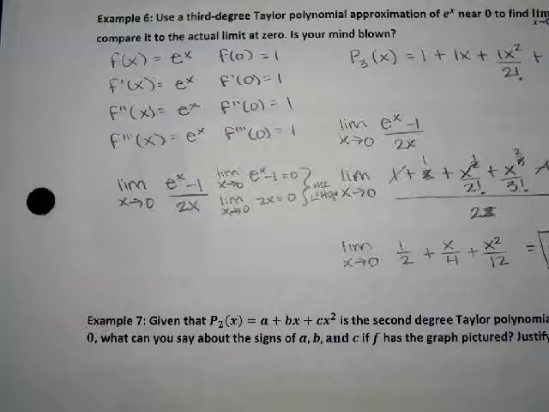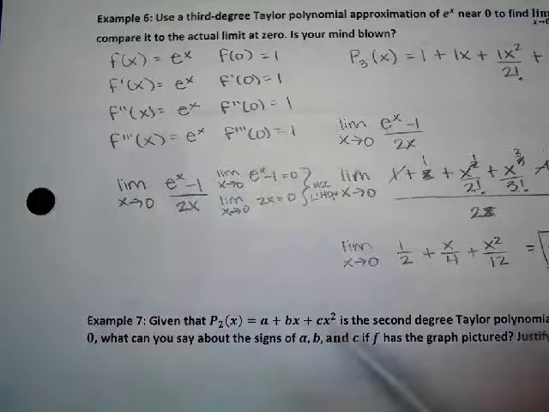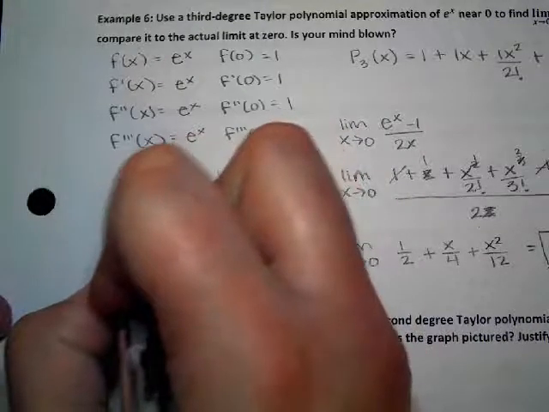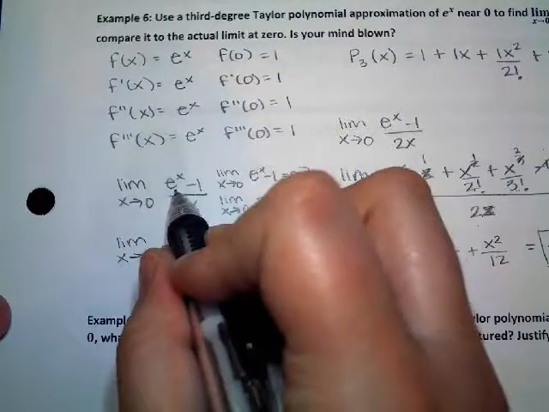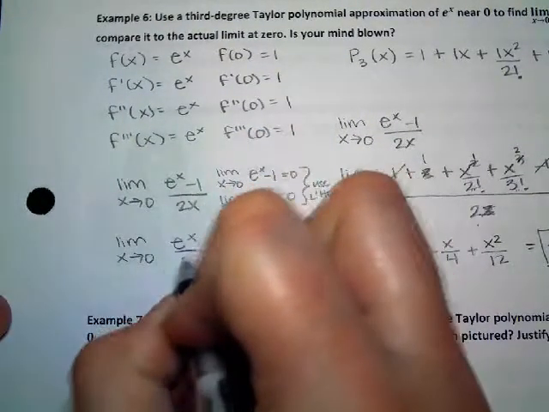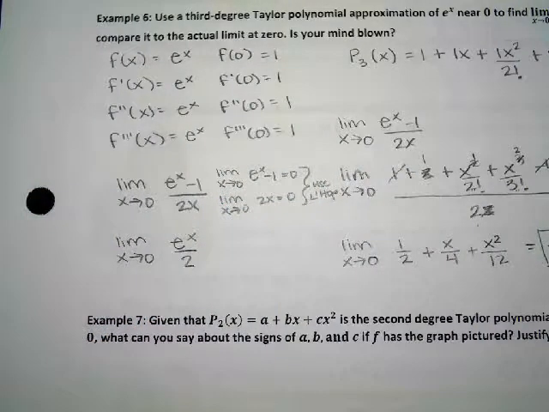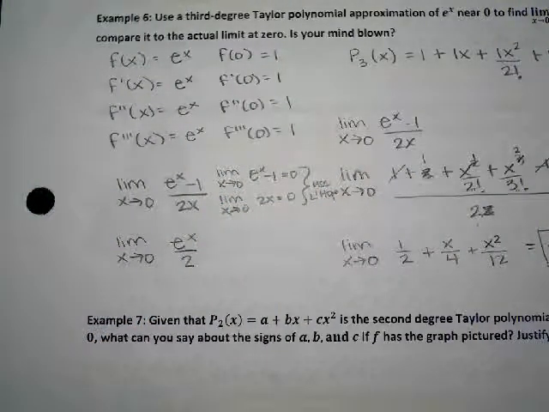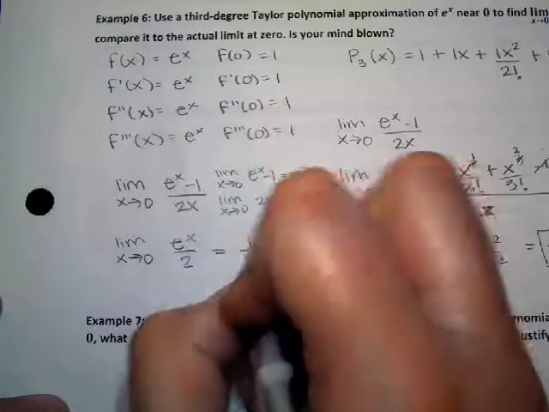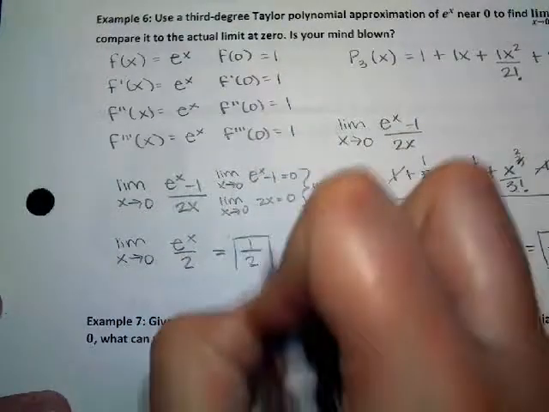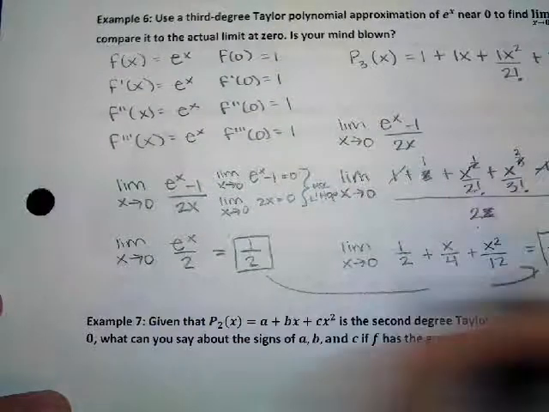Okay, so if I used L'Hopital's, e to the x over 2. Okay. And now if I did direct substitution, I would plug in 0, and I would get e to the 0, which is 1. I'd get e to the 0 over 2. Same.